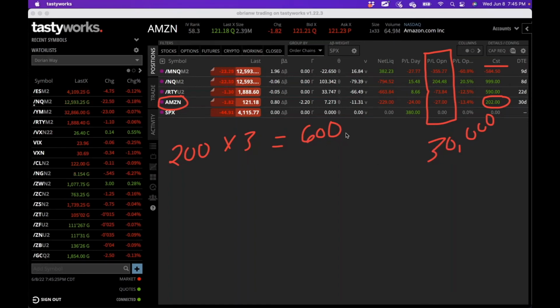Right. So I would have to lose like 50 straight times to be able to deplete this $30,000 if my risk is based on this dollar amount or a percentage or two times or three times or four times. You can do four times, right?